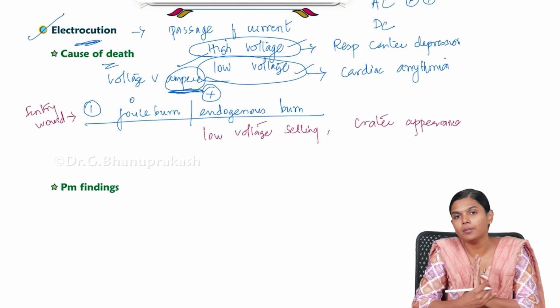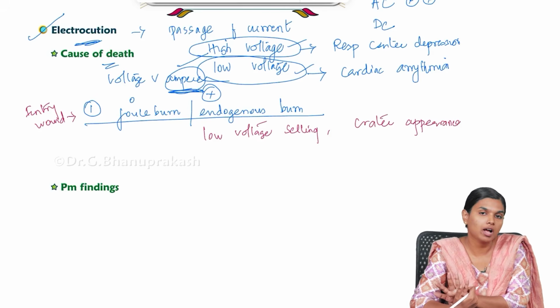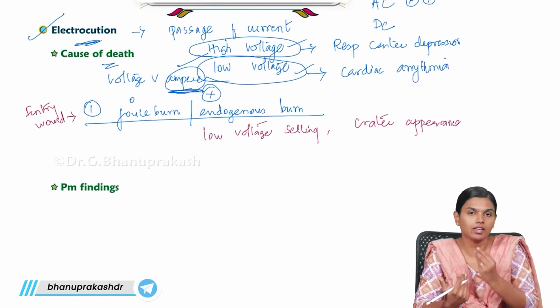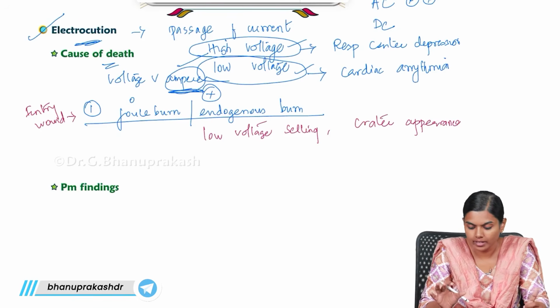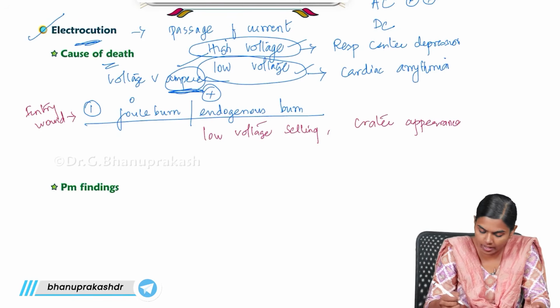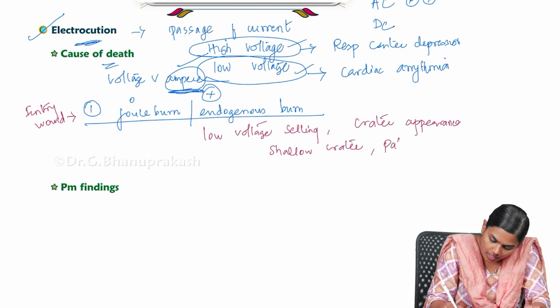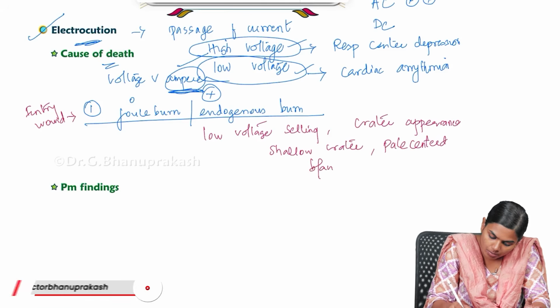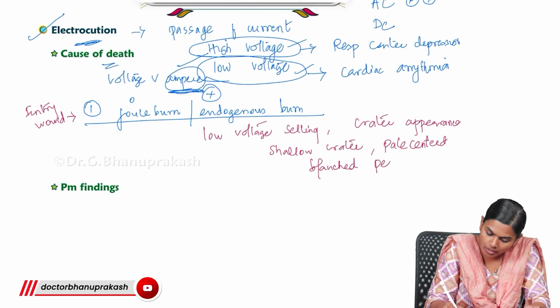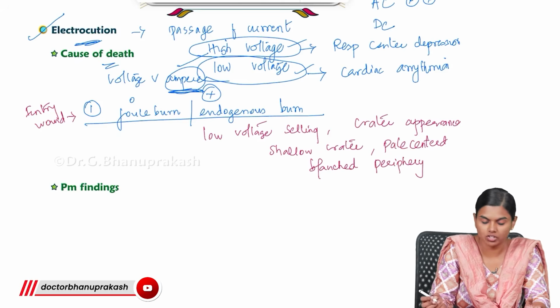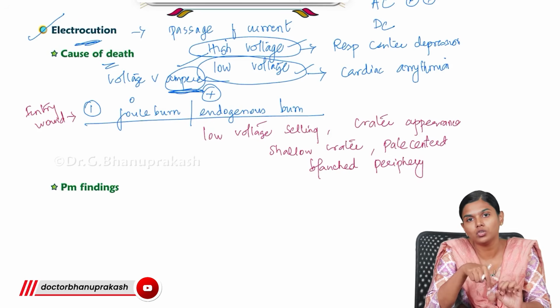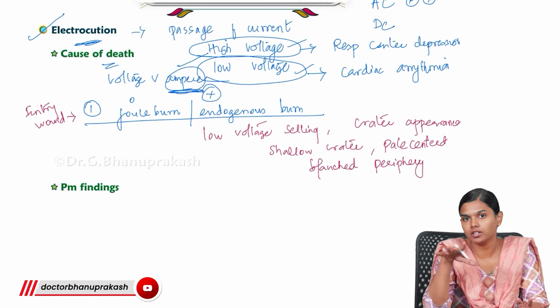So, if crater appearance of electrical entry mark is seen, then you can say it is a case of low voltage setting. And how would this crater appearance look? It is a shallow crater with pale center and blanched peripheries. All the border will be blanched. This is how Joule burn or endogenous burn looks.